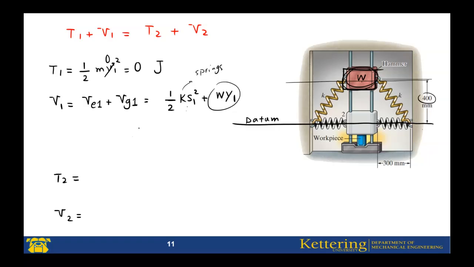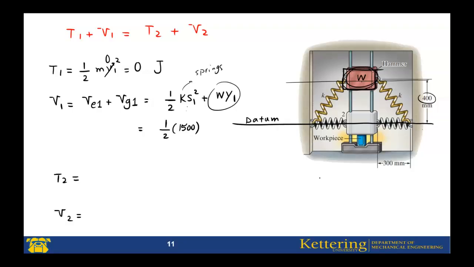Now, this is equal to 1 over 2 K, which is 1500. Now, how much is this one? Can you calculate? How much is the spring at state 1 elongated or stretched? How much? 200 millimeters. Yes, correct. 200 millimeters.